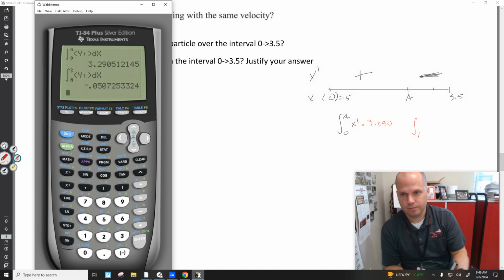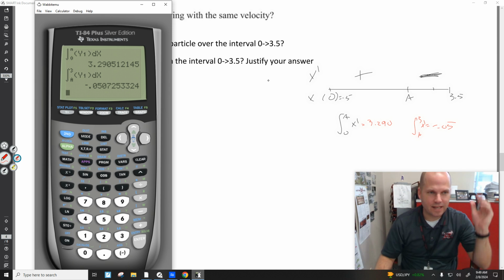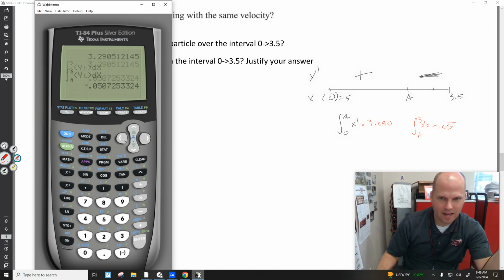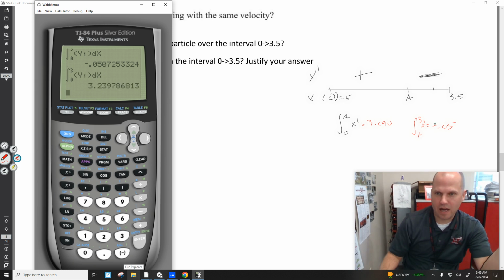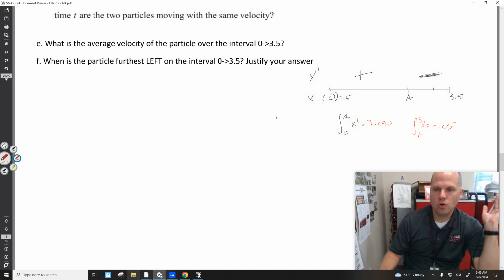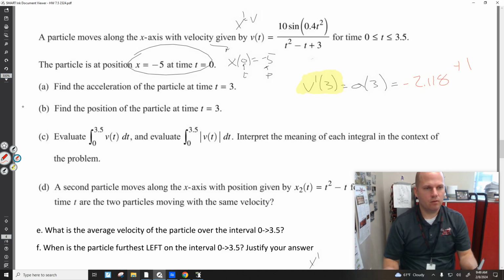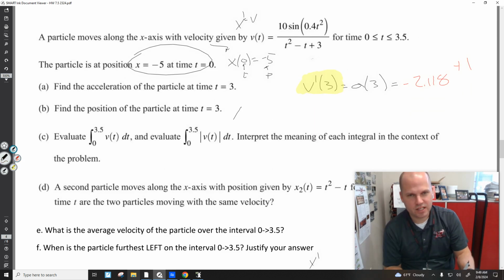I would get the exact same thing as if I accumulated from 0 to 3. 3.029 minus 0.05 is 3.2. It's got to be 4. Yeah, 3.24.